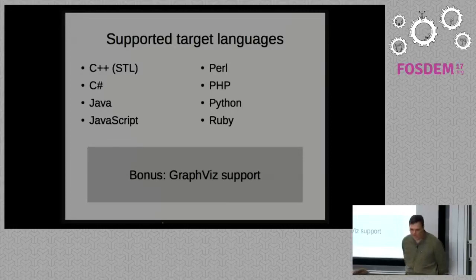We support 8 target languages right now: C++, C#, Java, JavaScript, Perl, PHP, Python, and Ruby. As a bonus, we support output to graphics. I'll demonstrate it further. It's quite an interesting side project as well. As experimental features, right now we are developing Swift support.